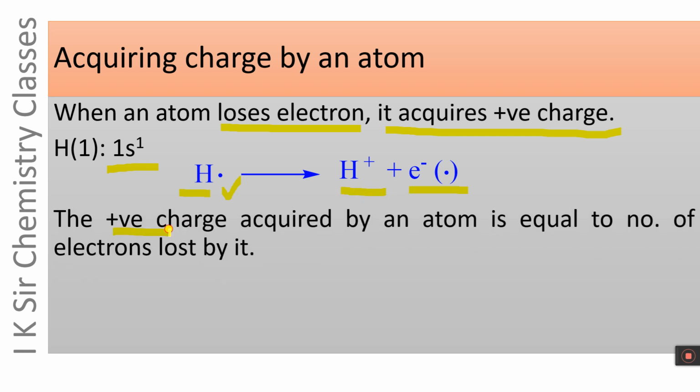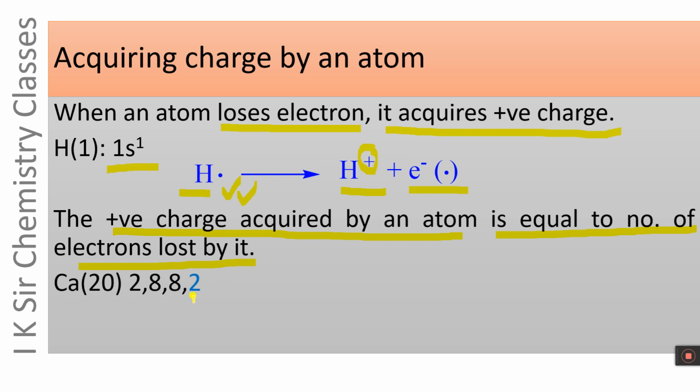The positive charge acquired by an atom is equal to number of electrons lost by it. Hydrogen atom loses one electron and acquires 1 plus charge. Calcium atom has two valence electrons. If calcium atom loses both the valence electrons, it acquires 2 plus charge.